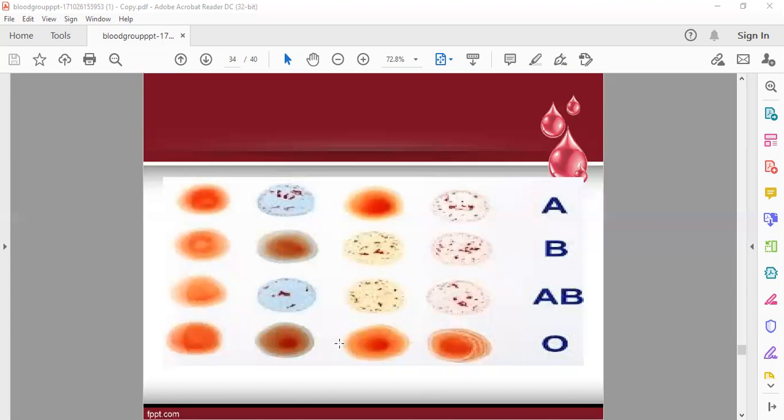So I hope students have understood the basics of the identification of the blood group.